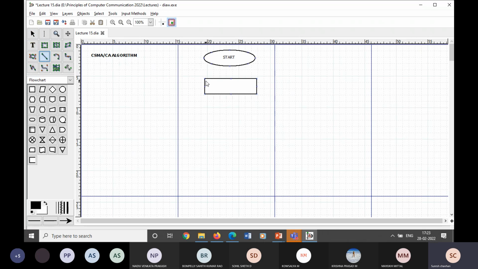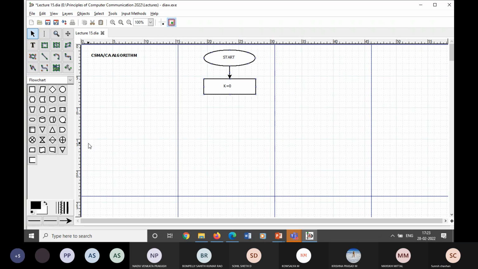At the very first, the main basic function here is the transmission. The number of attempts we are making needs to be initialized, so we initialize the number of attempts as 0.